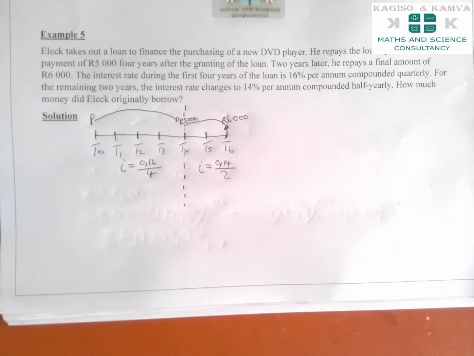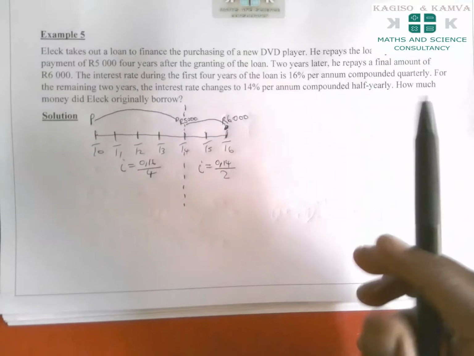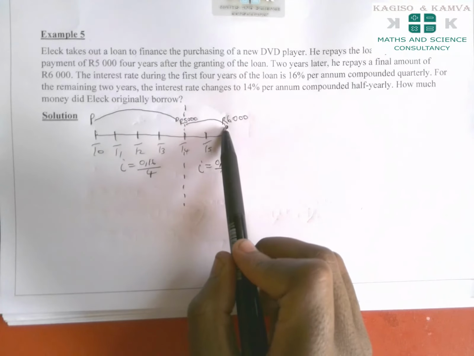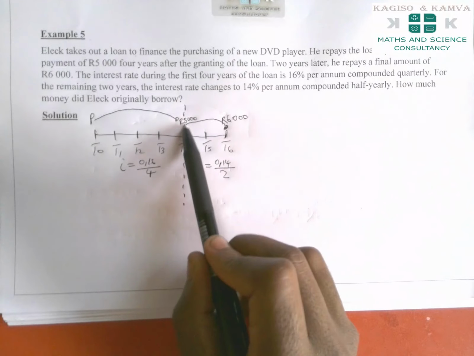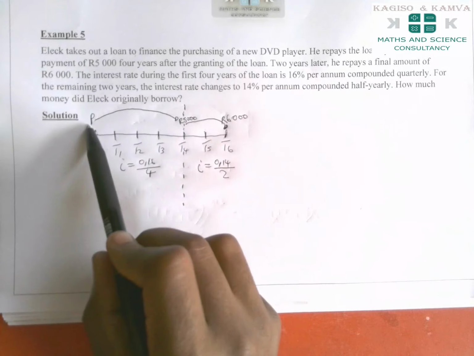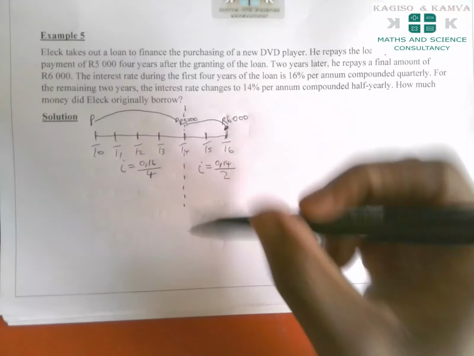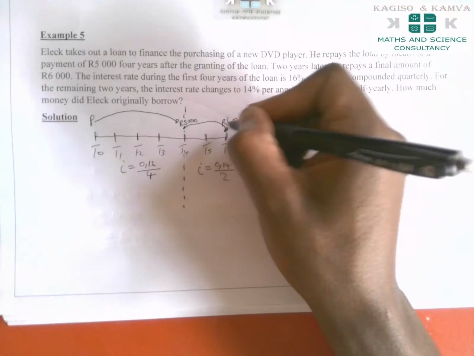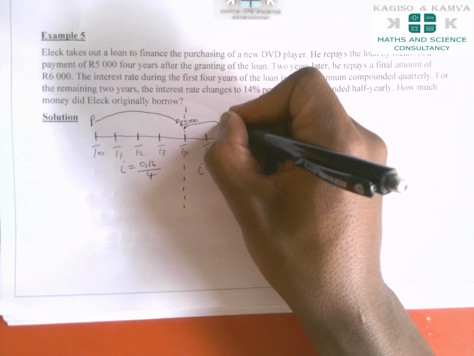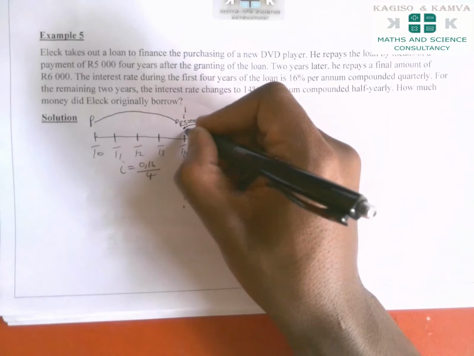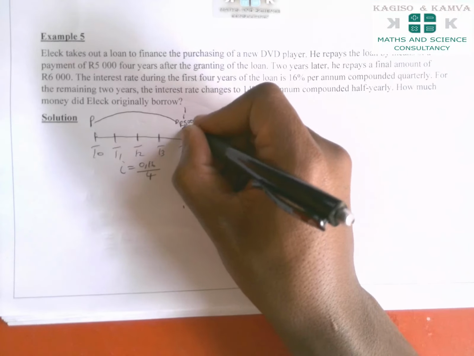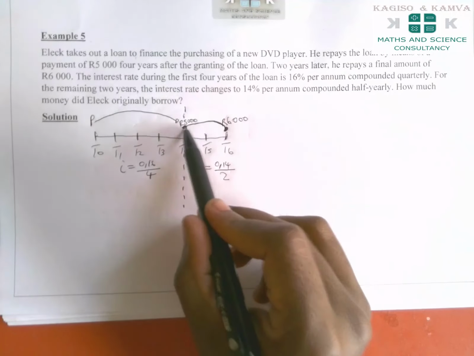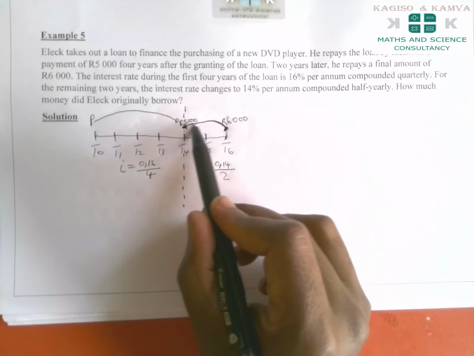We take this 6,000 back and we are now moving from the loan, from right to left.